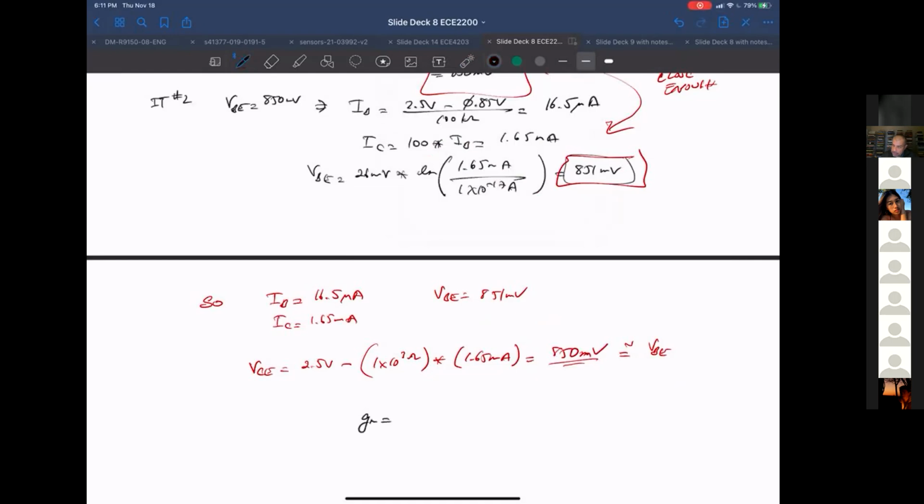which is I sub C over V sub T. So it's 16.5 milliamps over 26 millivolts.